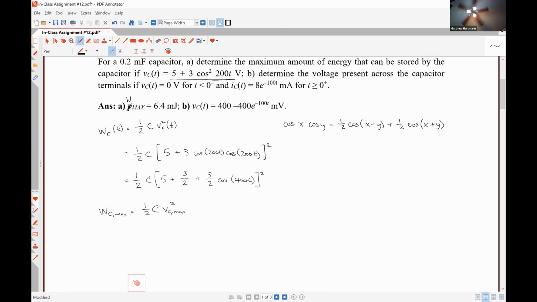So we can see very easily that VC max is just 5 plus 3 times 1 squared, which is 8 volts, which is exactly what he suggested. And so we would have 1/2 times 0.2 millifarads times 8 volts squared, which is equal to 6.4 millijoules.